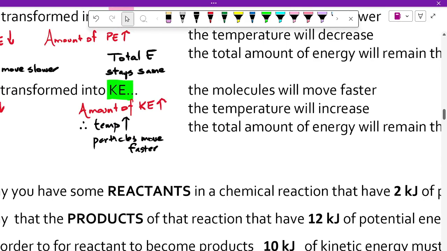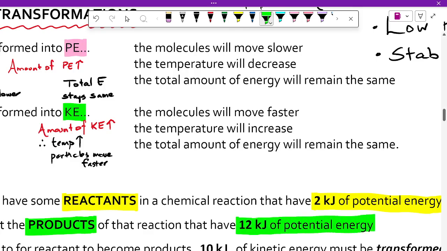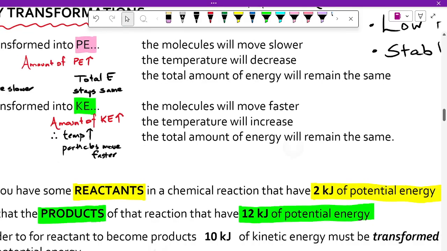And these reactants have 2 kilojoules of potential energy. That's just how much they have. That is their nature, okay? We have some products, and the products have 12 kilojoules of potential energy.